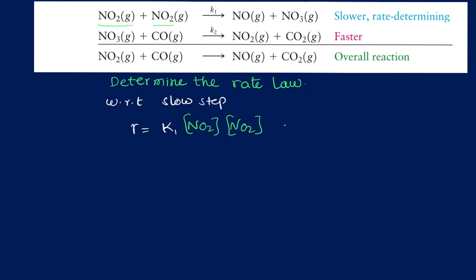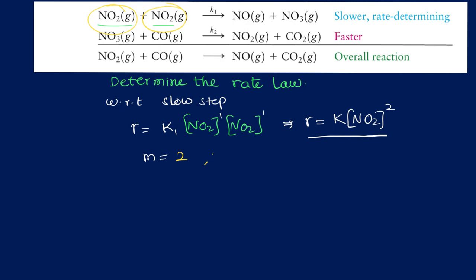This is equal to rate equals K, NO2 concentration power, how much here? 1, is it? So 1 plus 1, how much? 2. This is the rate law. Now, molecularity is how many molecules participated here? 1, 1, 2. Therefore, molecularity 2.